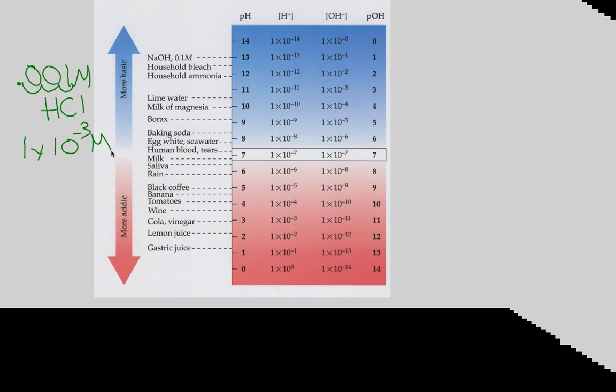So what about this? What if we had 0.001 molar acetic acid? Well, acetic acid is a weak acid. It doesn't completely dissociate. As a result, would it be more or less acidic than hydrochloric acid at the same concentration? Less acidic. So how could we then figure out the pH of this? Icebox.